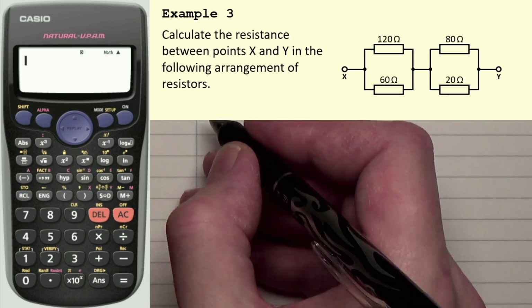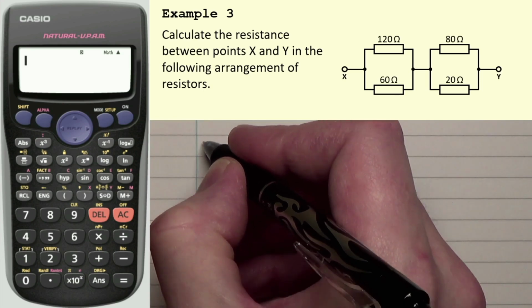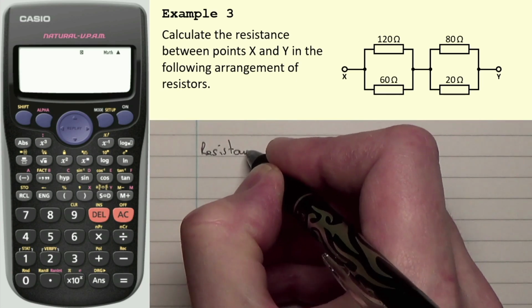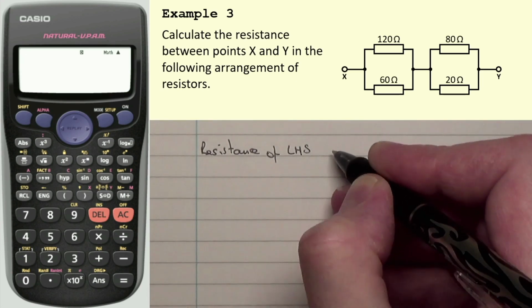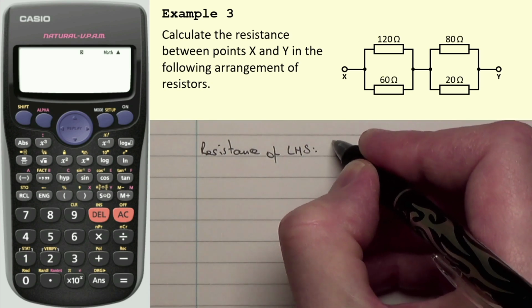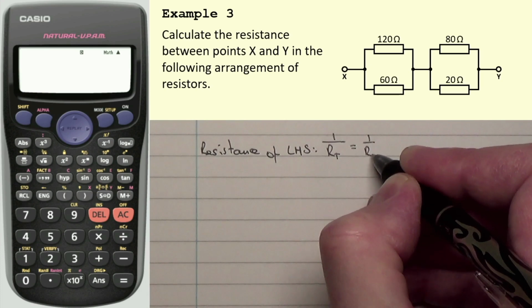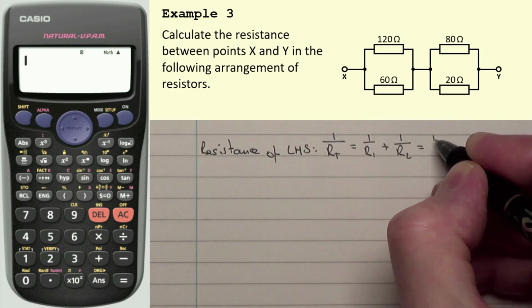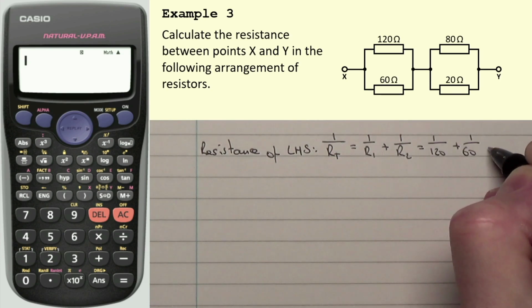So what I'm going to write here is I will work out the resistance of the left hand side branch to start with. And again, I'm going to use 1 over RT is 1 over R1 plus 1 over R2. Of course, that's 1 over 120 plus 1 over 60.